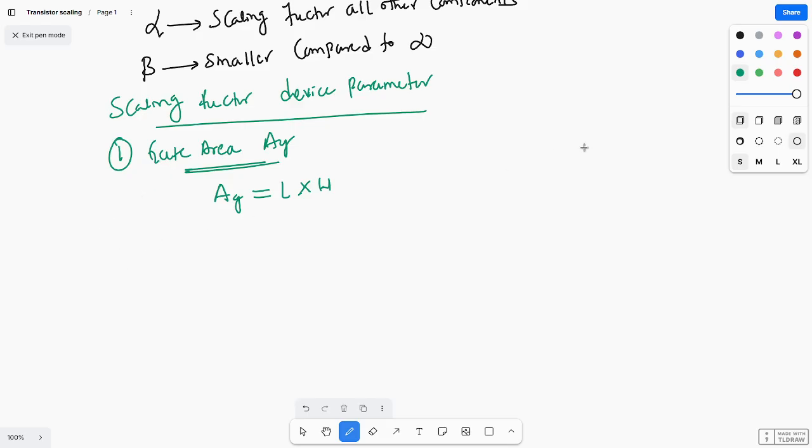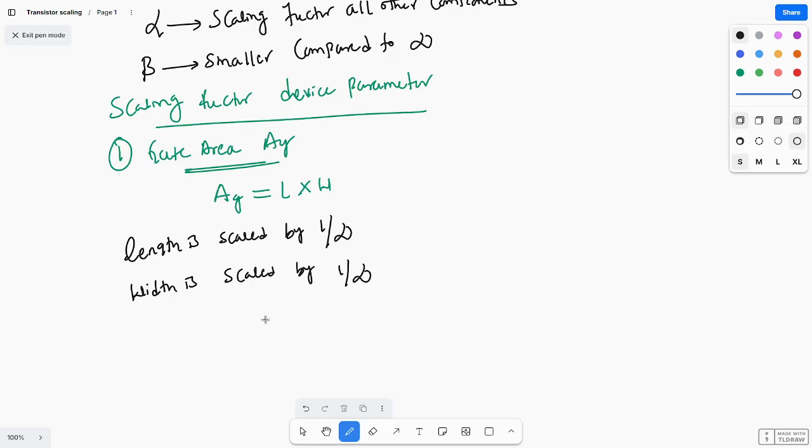So here, the length of the channel and the width of the channel: length is scaled by 1 by alpha, and width is scaled by 1 by alpha.